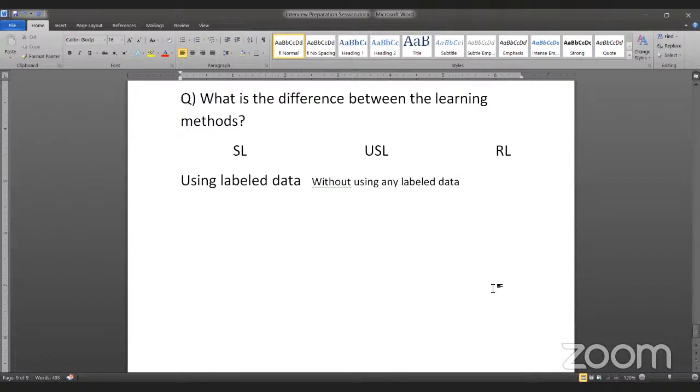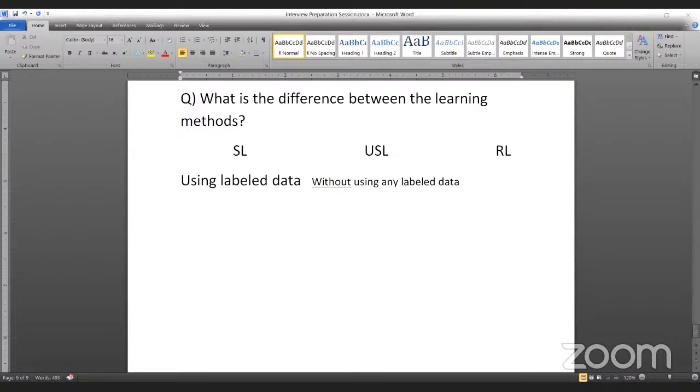reinforcement learning we have agents which are put inside an environment, and they just work by themselves. They are given a goal, and they have to reach that goal, and on the way they are given rewards or punishment according to the actions taken in that environment. So that way they learn. If the learner does a right job, he will be rewarded for it.